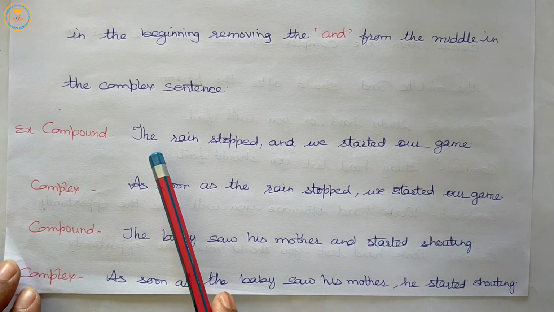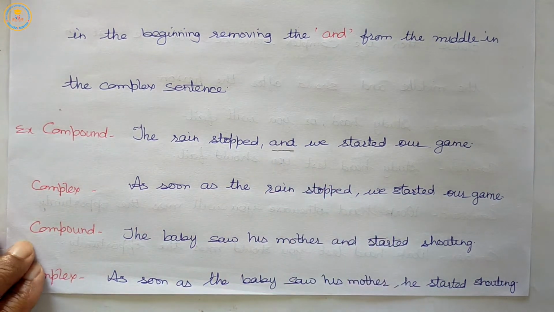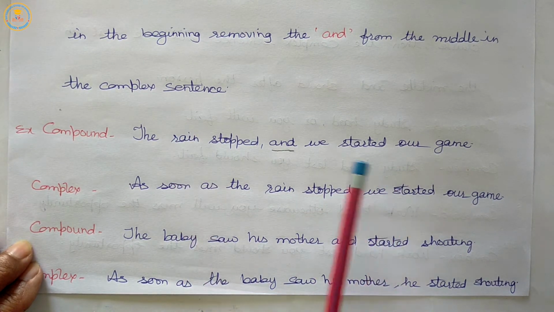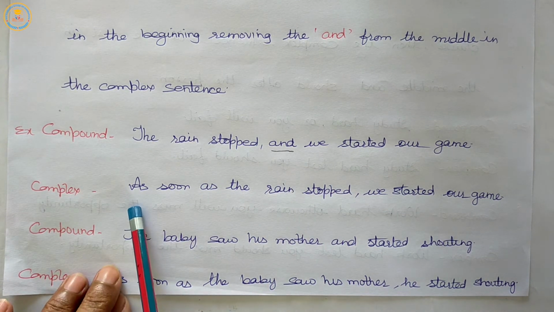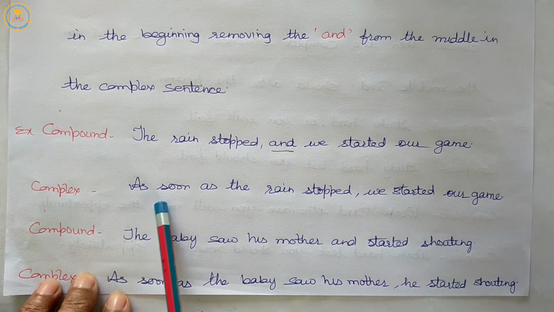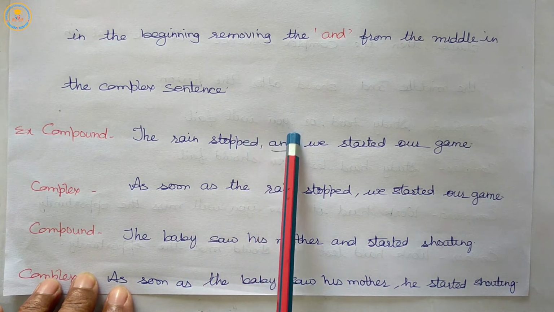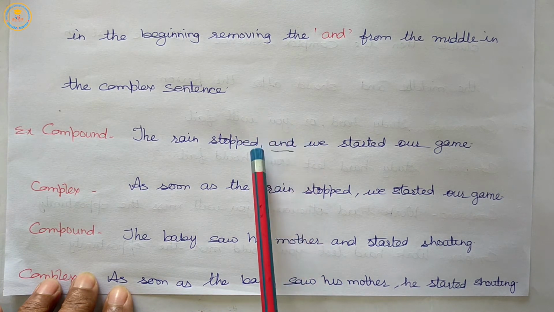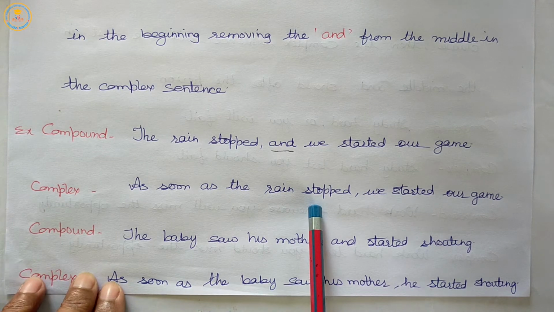Our rule is if there is a conjunction "and" in the compound sentence joining two different clauses, then in the complex sentence we will start our sentence with "as soon as", and we will remove "and". That is, in the compound sentence we will not write "and" in our complex sentence.